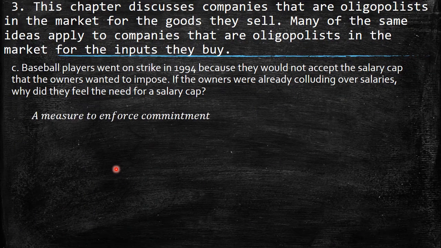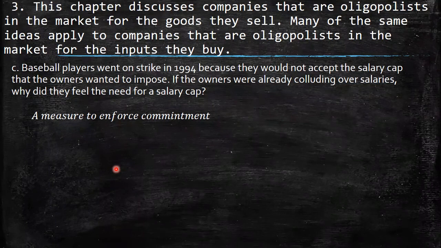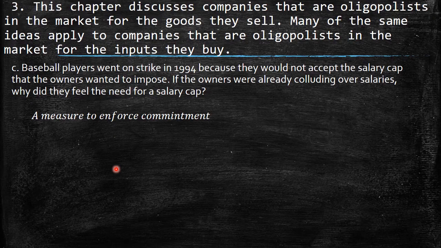Okay, basically the idea is that a salary cap is a measure to enforce commitment. Because you enforce this agreement between the teams, you can punish them, and you can make the punishment high enough to stop them from deviating. So even if we are already colluding, because we have a lot of incentives to move, it is better to punish them, and then the incentives will disappear.